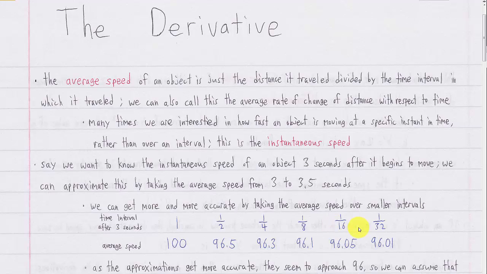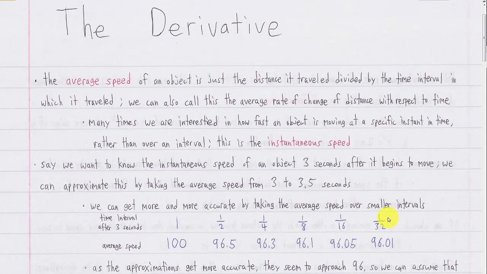And as you can see, each time we take the average speed over a shorter interval, it gets closer and closer to 96. So it looks like the shorter we take the interval of the average speed, the more accurate an approximation it's going to be of the instantaneous speed.